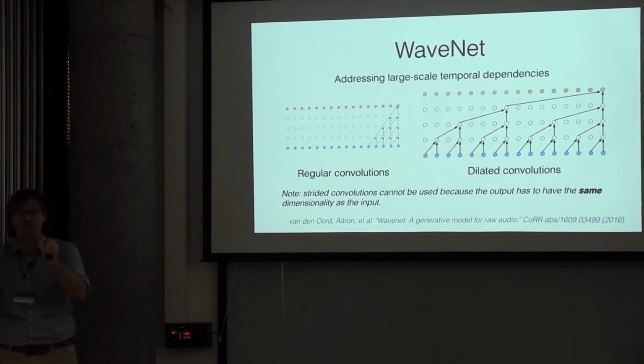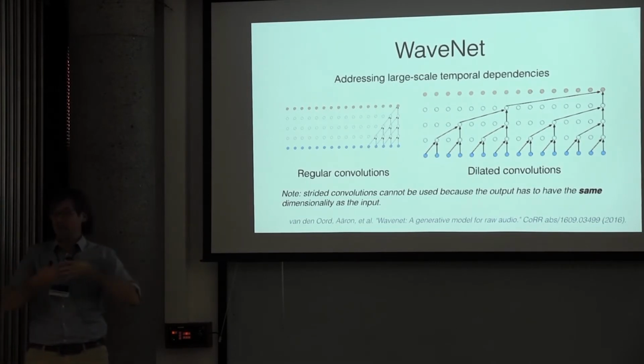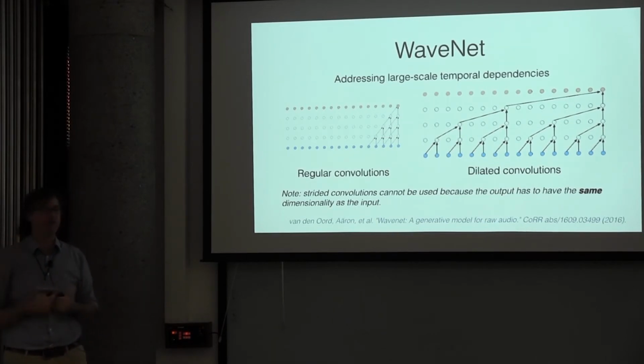It's still 2 units at that scale, so this unit is still only looking at 2 units, but the spacing between those units is getting larger as you go up. So the effective receptive field of a unit at this level is much, much larger. Doing that kind of spacing allows us to model much larger-scale structure in a reasonable number of layers.